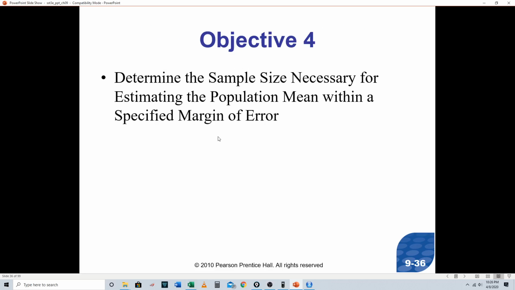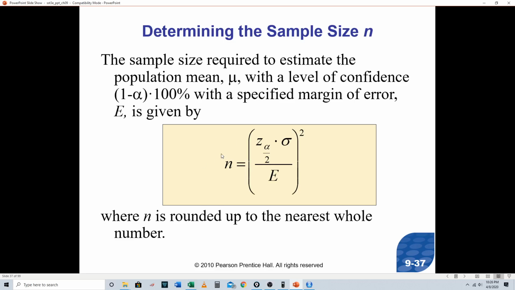All right, now this formula you're going to want to write down. What this formula does is, let's say that I want to have a specific margin of error for my survey. Let's say I'm surveying what favorite pizza topping people have. I don't know what I'm surveying.